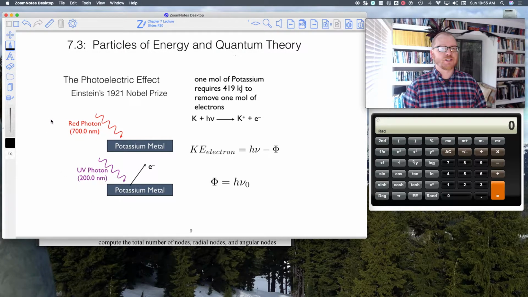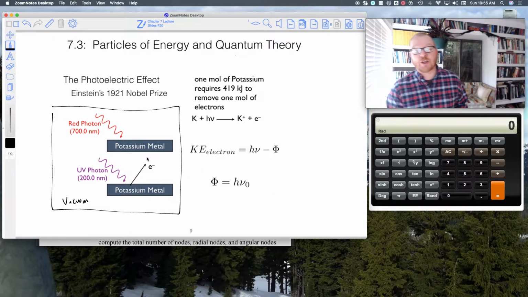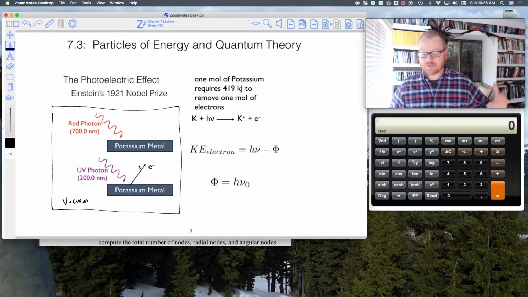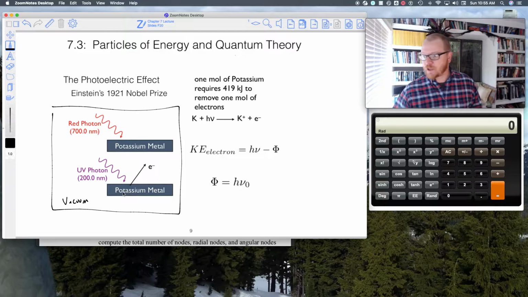So you have to imagine that this whole thing is inside a vacuum chamber. The reason for that is so that you don't get interference with the surrounding gases. Gases can actually absorb some of the light that would be used in this experiment, or even be ionized by these electrons. So this is all in a vacuum.